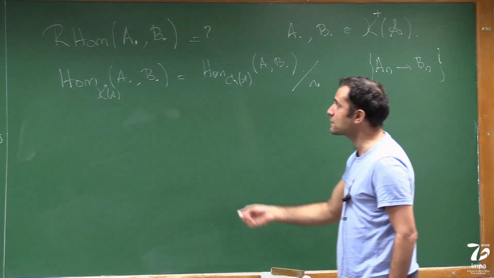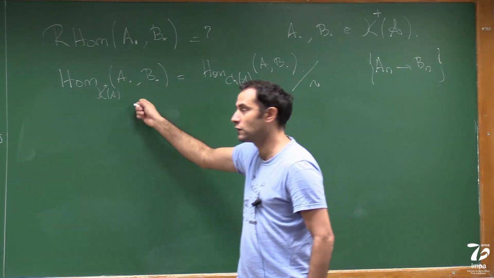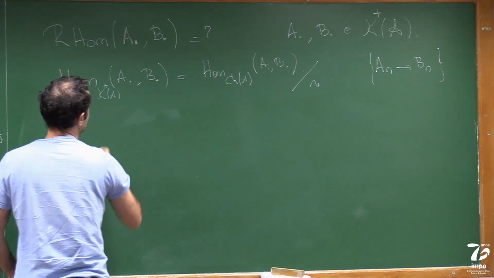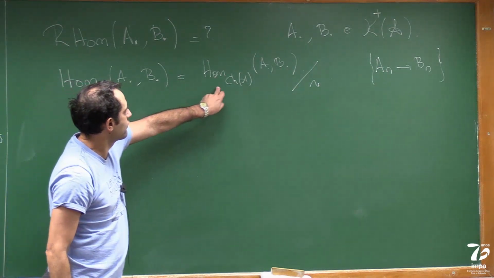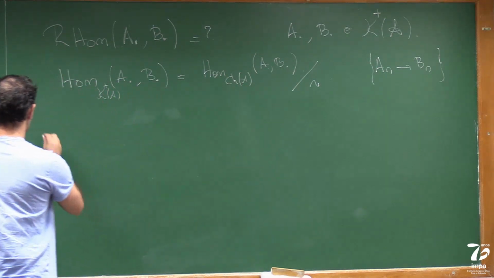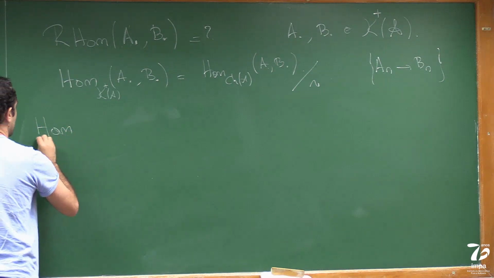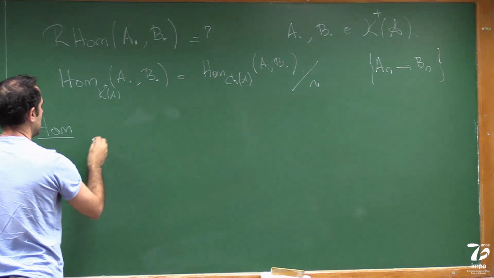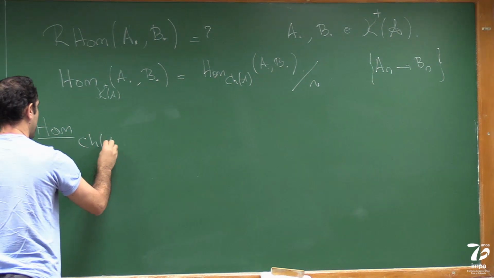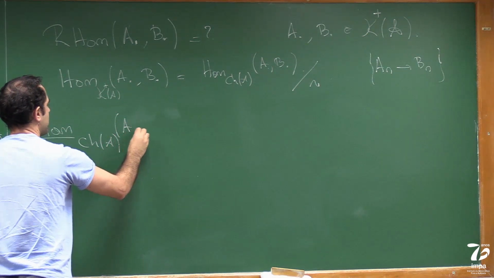Okay, but there's an extra hom, which is an internal hom to this category, because this category also has an internal hom. So I can look at hom bar in chain complexes between A and B.